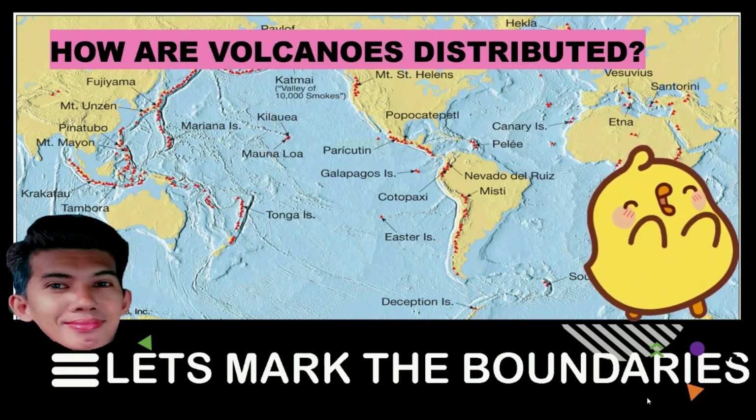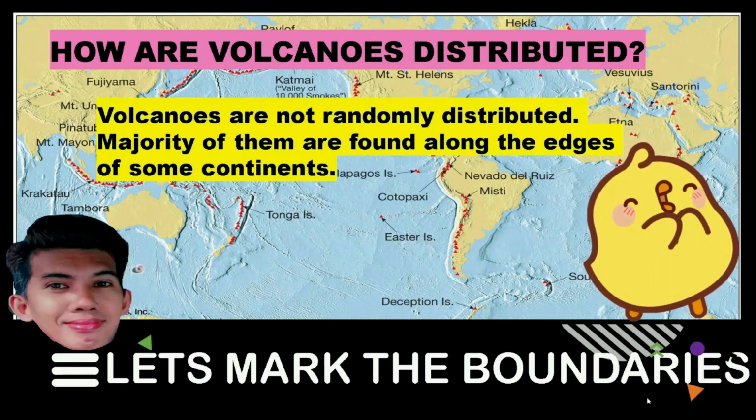You're right! Volcanoes are not randomly distributed. Majority of them are found along the edges of some continents.